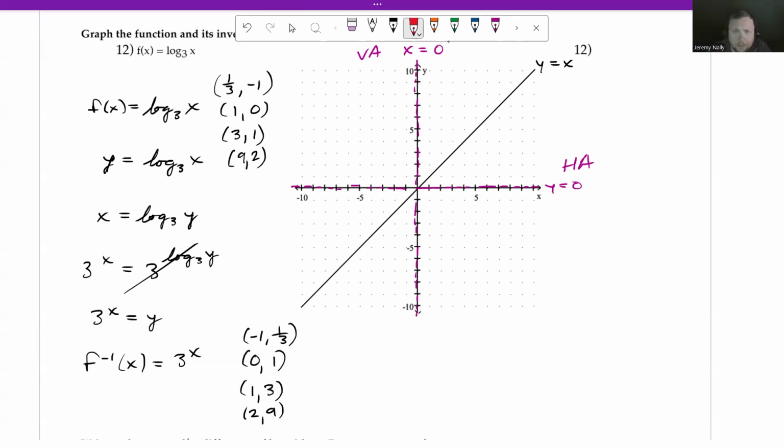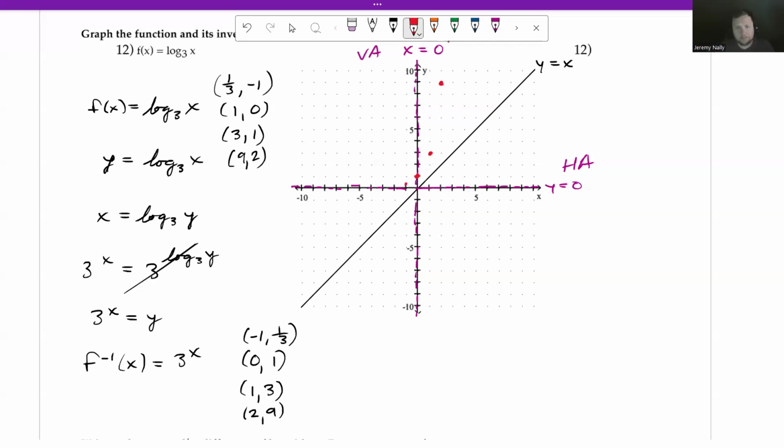Let's see, we have -1, 1/3, 0, 1, 1, 3, and 6, 7, 8, 9.